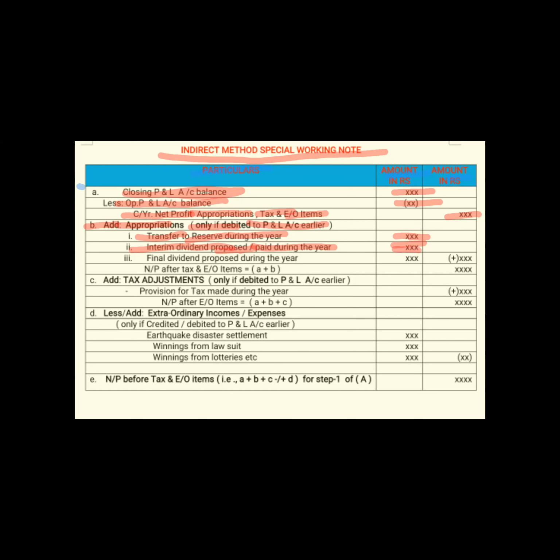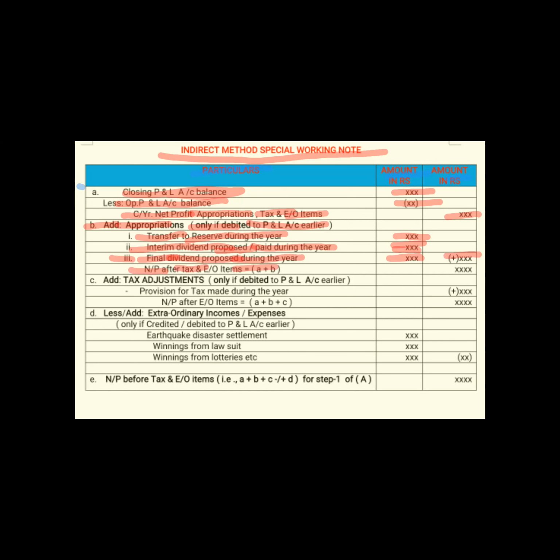If such a thing is there, that also you add. And final dividend proposed during the year, that also we will add. After adding these appropriations, you will get net profit after tax and extraordinary items.